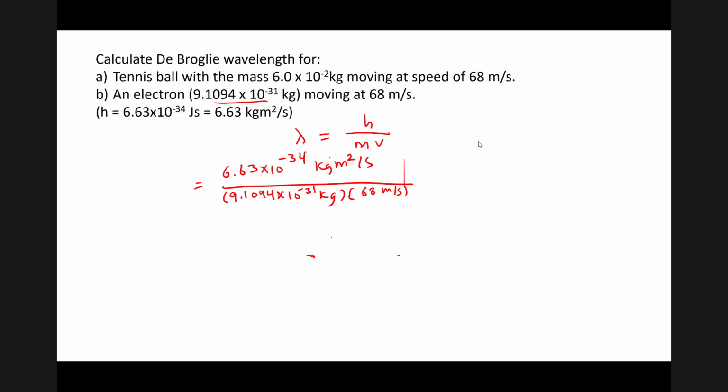So kilogram is going to cancel out with kilogram. That meter here is going to cancel out with the square. And the second is going to cancel out with second. And you will be left with meter, which is the expected unit for wavelengths, which is going to equal 1.07 times 10 to negative 5 meter.